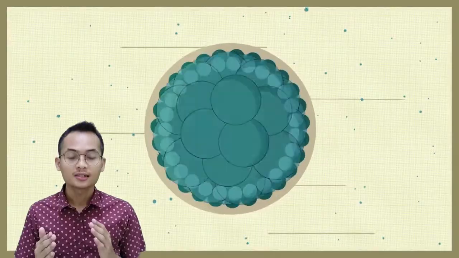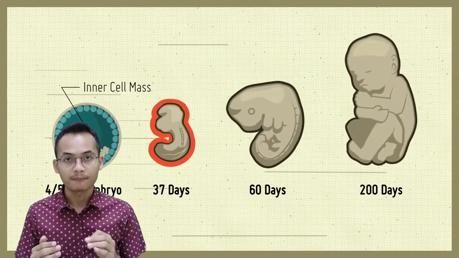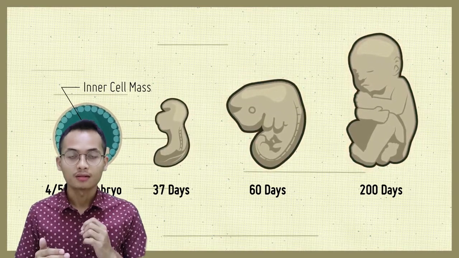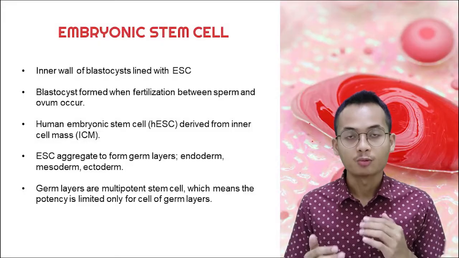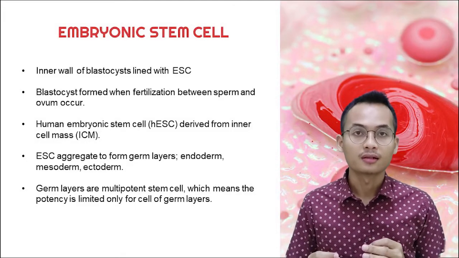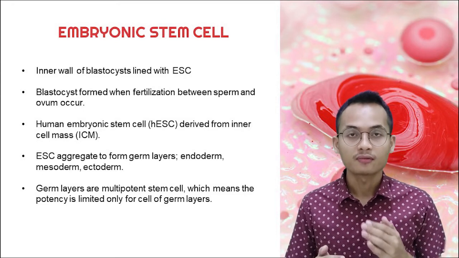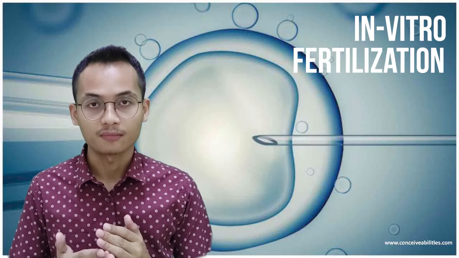It only contains an inner cell mass, ICM. From the ICM, we can obtain the human embryonic stem cell, in which normally the human embryonic stem cells are obtained from the in vitro fertilization, IVF.